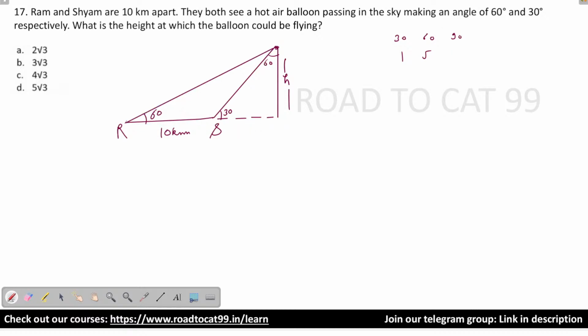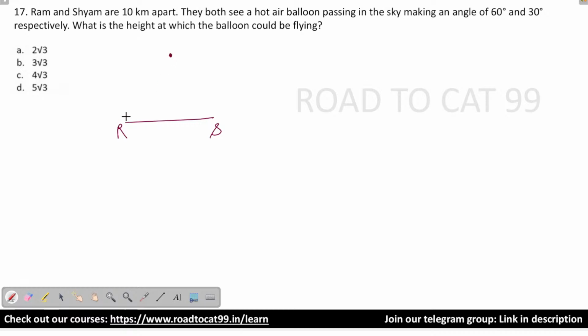I think this diagram is wrong because actually I forgot to mention one thing कि जब हम ऐसे क्लोजर जाते हैं ना, तो ये वाला एंगल ऑफ एलिवेशन keeps on increasing. सो यहाँ पे डिक्रीज हो रहा है. दैट मीन्स जो हॉट एयर बैलून है, वो दोनों के बीच में है. So the diagram will be like this.